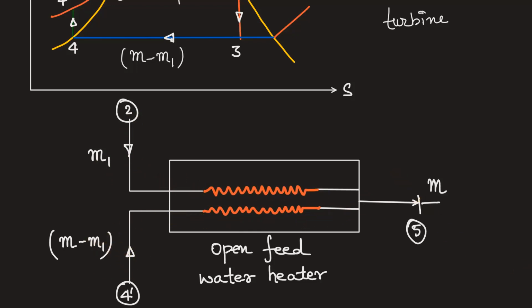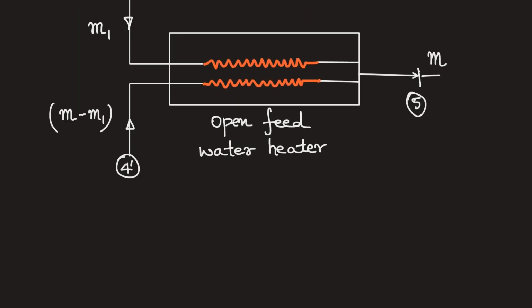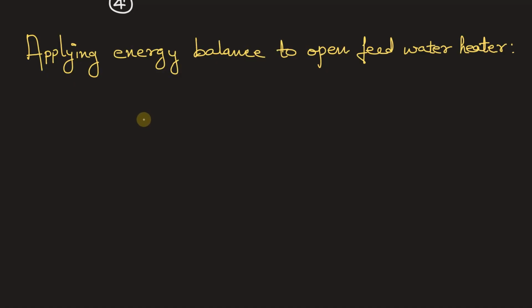Now if we apply the energy balance to the open feed water heater, we can write M1 into H2 plus M minus M1 into H4 is equal to M into H5. M is the total mass and M1 is the bleed mass.